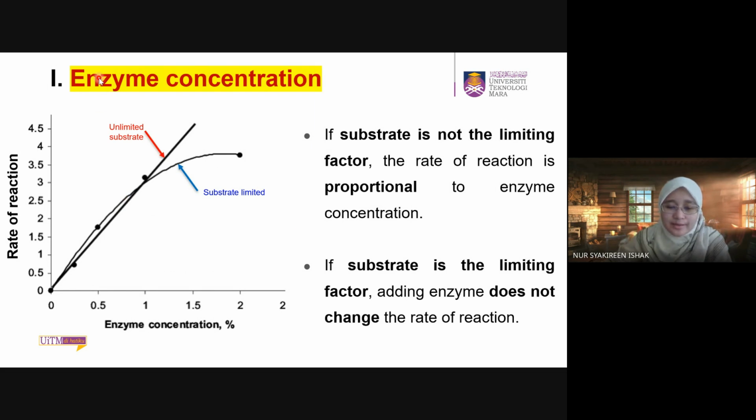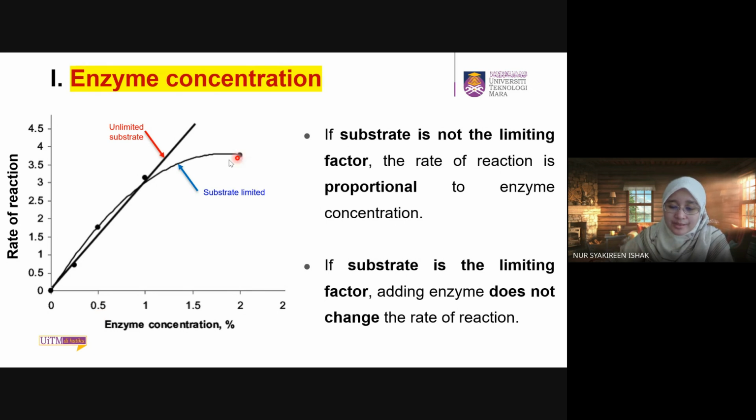Okay, so the first factor, enzyme concentration. These are the two graphs that will be produced, either straight like this, kan? What we call proportional. Kan? Rate of reaction is proportional. As you increase the enzyme concentration but you have unlimited substrate, the rate of reaction will keep on increasing, because you have a lot of substrate, unlimited substrate.